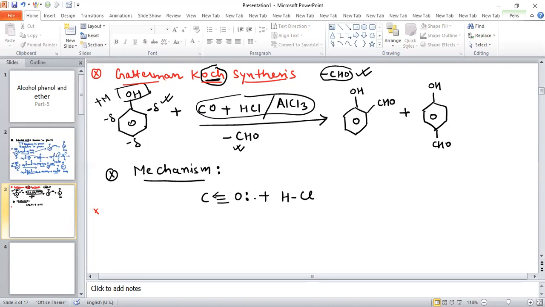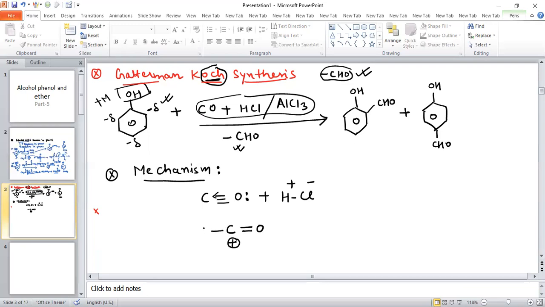This H plus will attack in this way, so that it will convert into H plus and Cl minus. This will convert into C double bond O, and this carbon has a positive charge because oxygen is more electronegative.